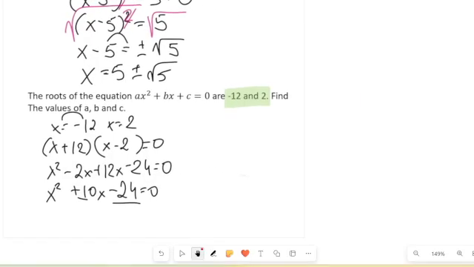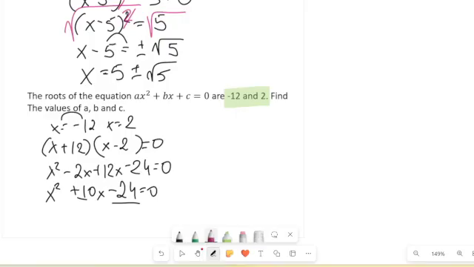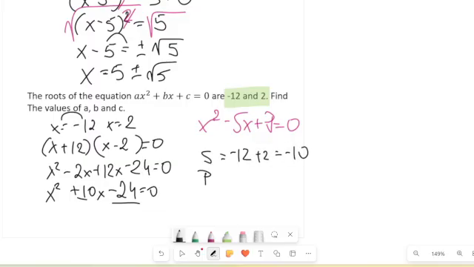But if you have roots and you want to form the quadratic equation, we could also use the lovely formula x squared minus sx plus p. So to find any quadratic equation with the given roots, we only have to find the sum and the product. So the sum of minus 12 plus 2 will be minus 10, and the product will be minus 24.